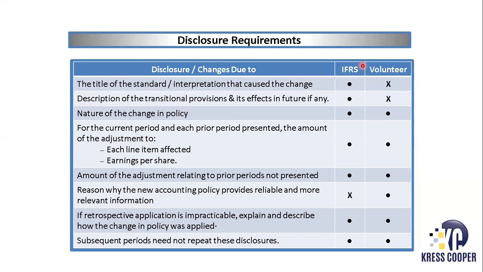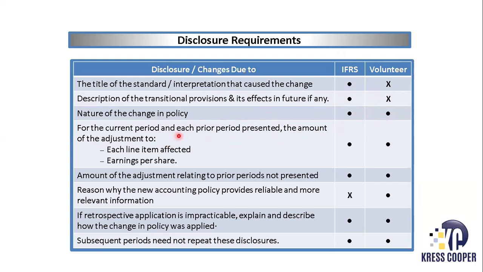If the case is a change in IFRS, the title of the standard, the new standard, or IFRIC that caused the change should be disclosed. Obviously, it is not required in voluntary changes. Then the description of that transitional provision is required if the change is being made based on the new standard, and this transitional provision does not exist when we voluntarily make such a change. The nature of the change in accounting policy should be disclosed in both cases.